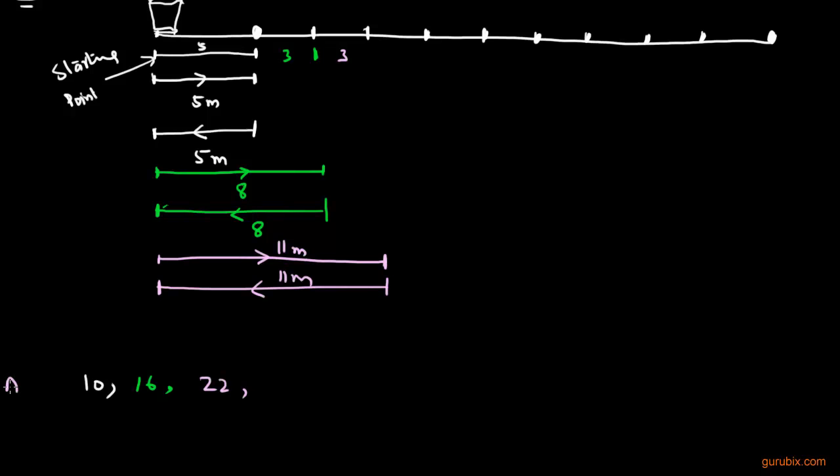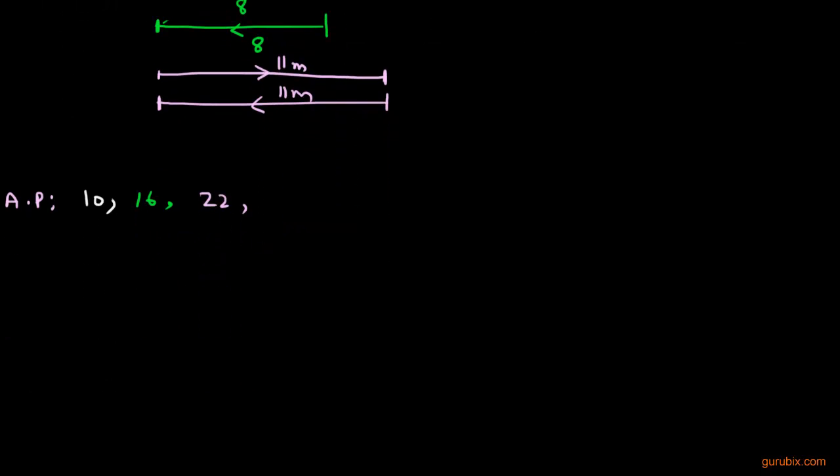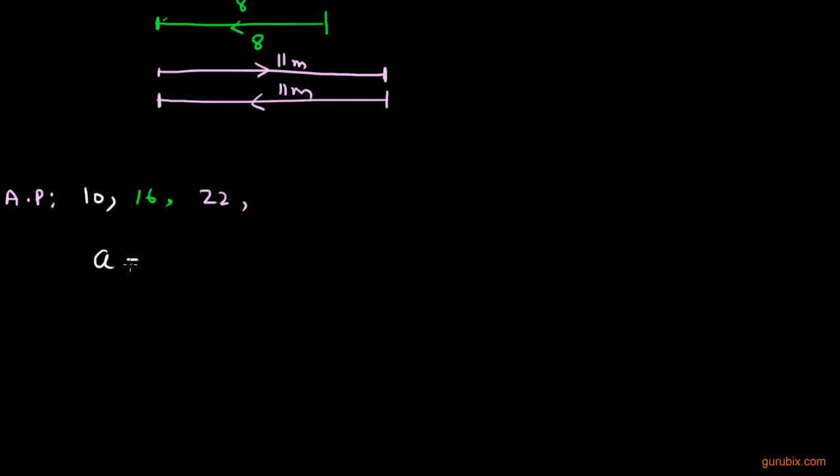So this is our AP, and the first term of this AP is 10, and the common difference of this AP is 6, and since she will run 10 times, therefore n is 10.